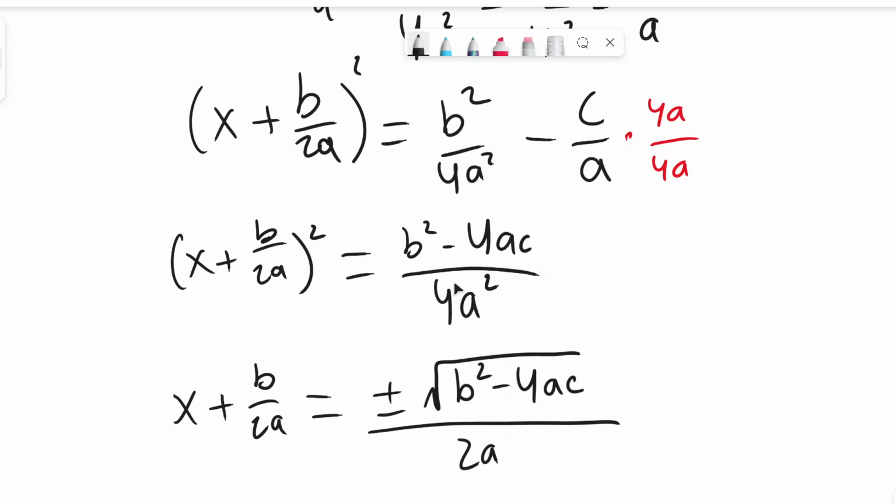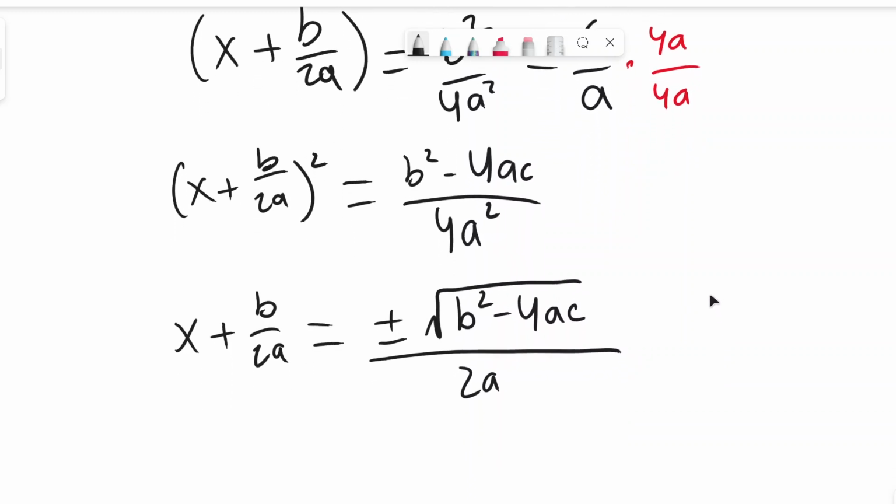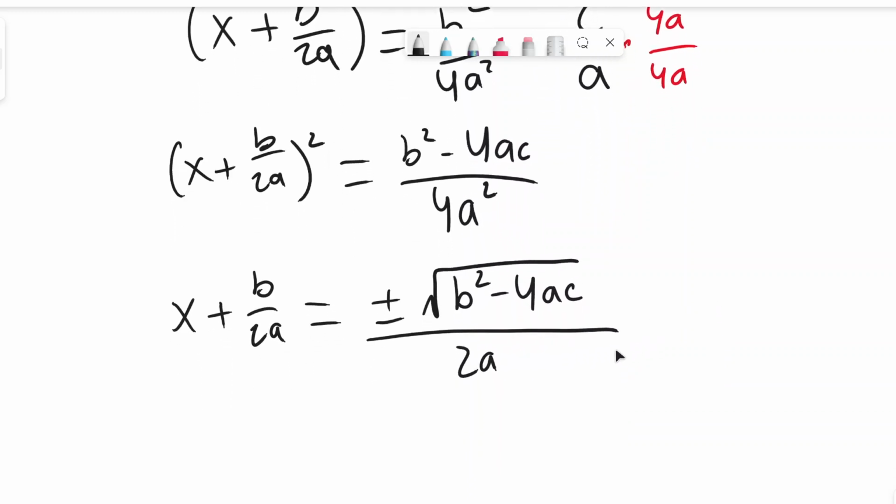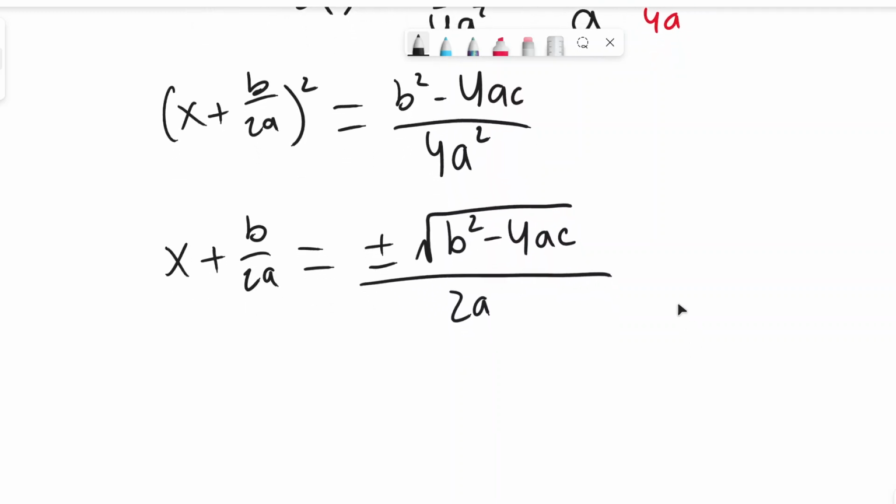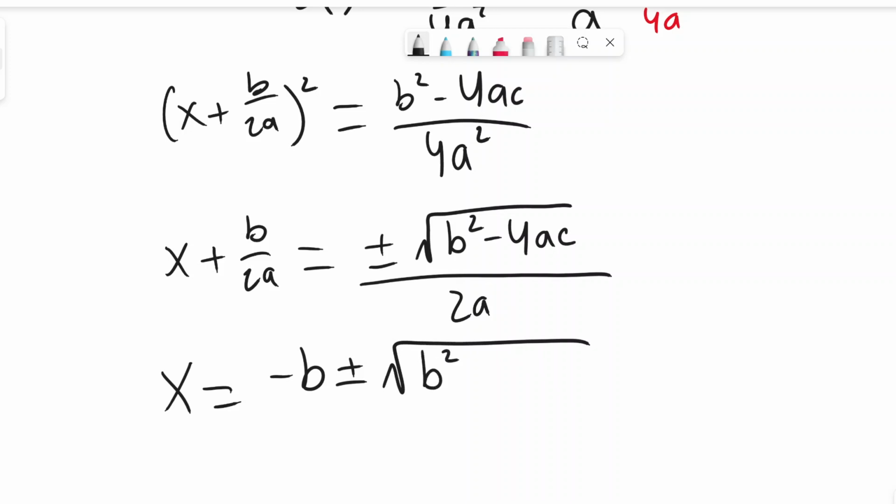The square root of 4 is 2, and the square root of a squared is just a. Now, finally, all we have to do is subtract b over 2a from both sides, and we get our famous quadratic equation. So x equals negative b plus or minus the square root of b squared minus 4ac all over 2a.